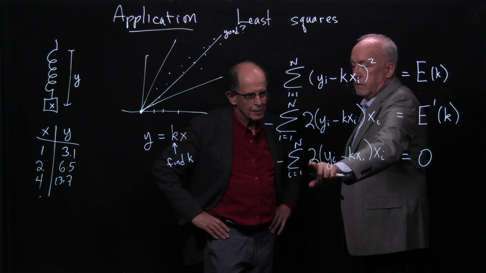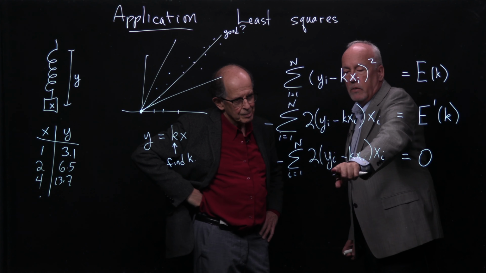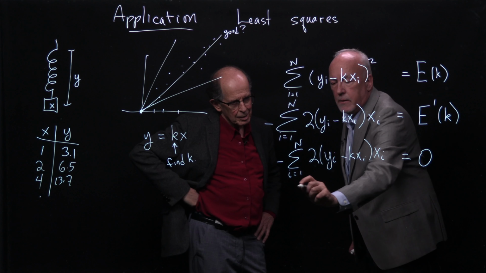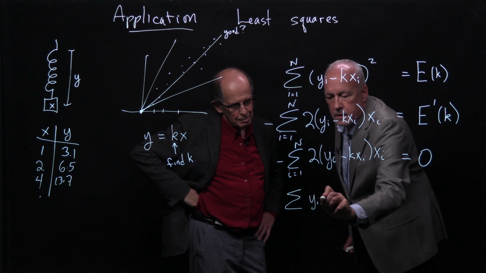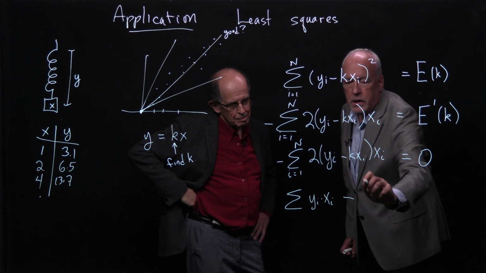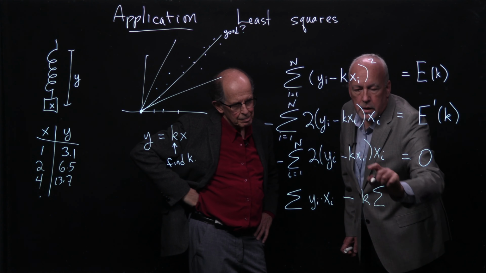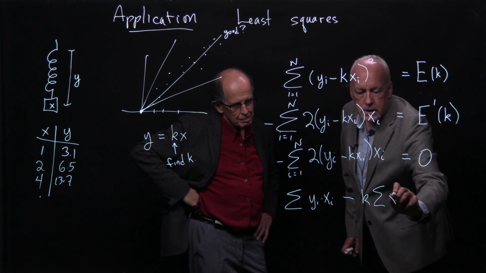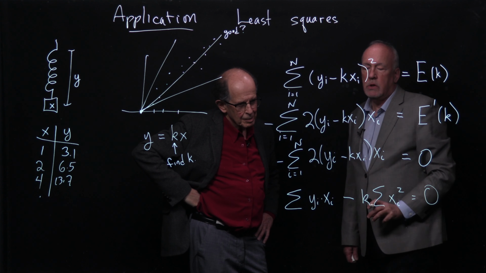The 2 doesn't matter, so we can get rid of the 2. So now I'm left with the sum. I've got an xi times a yi. So this is a sum, yi times xi. And I'll put the sum over here. k is a constant, so I can bring it outside the sum. Then I have an xi times an xi, so that's xi squared. That's equal to 0. Now, Matt, can you solve for k?